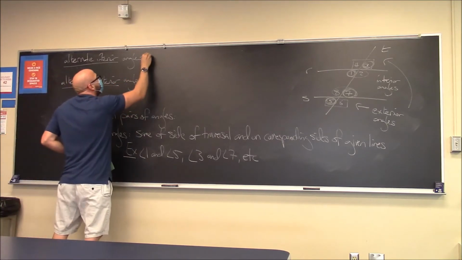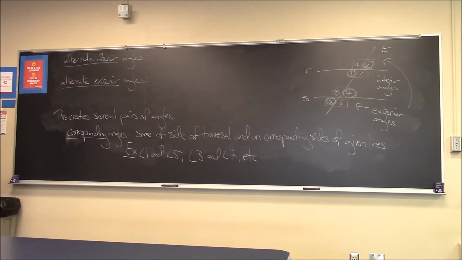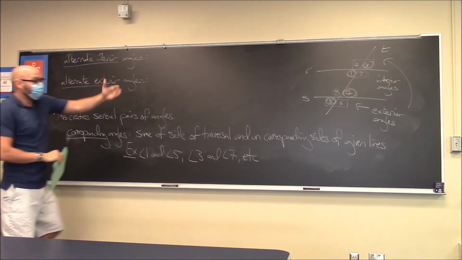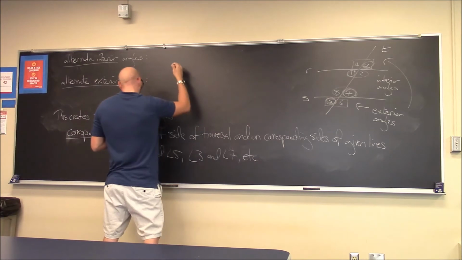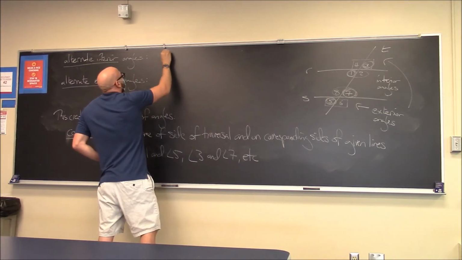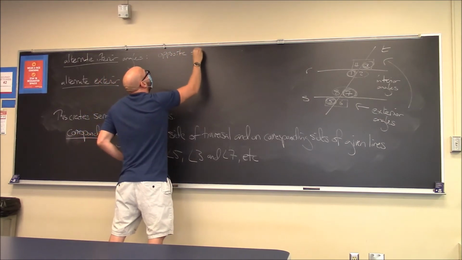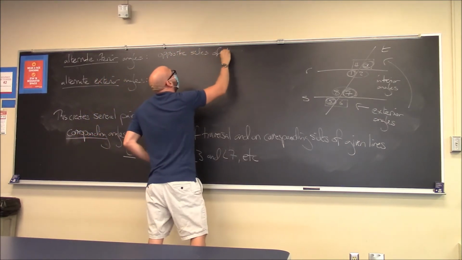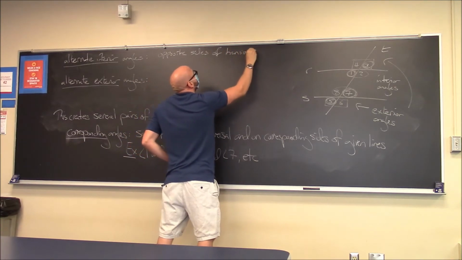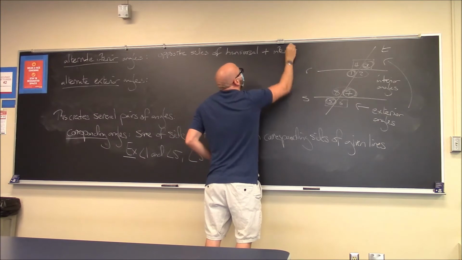So for starters, alternate interior angles have to be interior. So these will be on opposite sides of the transversal, plus interior.